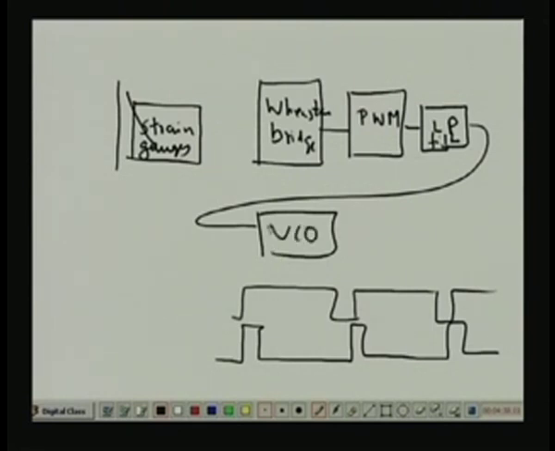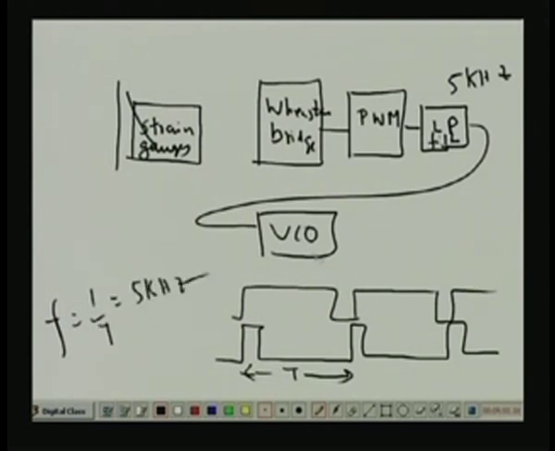Then it is coming to a VCO. Now, the frequency which we are modulating is 5 kilohertz. What is 5 kilohertz? That means if I say the time period T, F equal to 1 by T equal to 5 kilohertz.